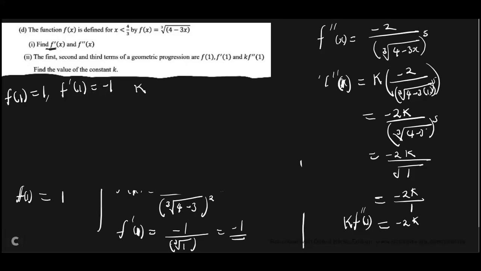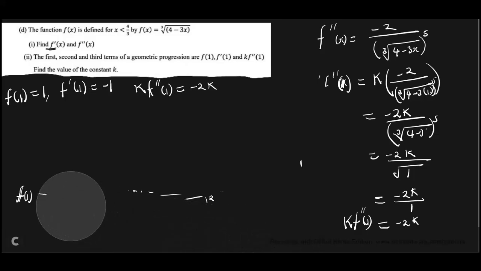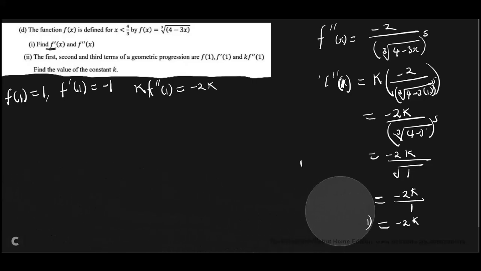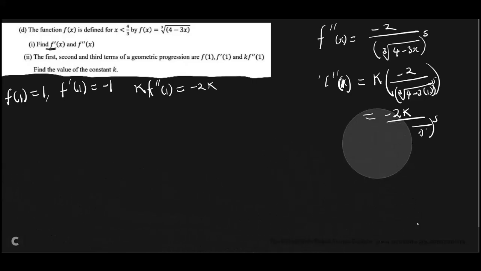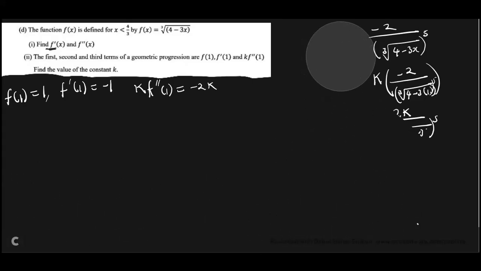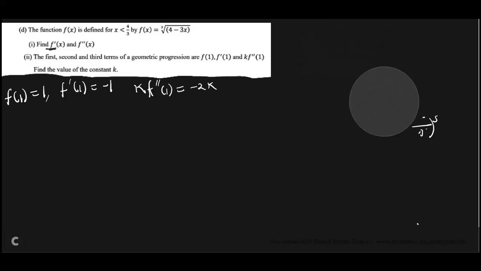Then k times the second derivative of 1 is negative 2k. Now we have 1, comma, negative 1, and negative 2k.